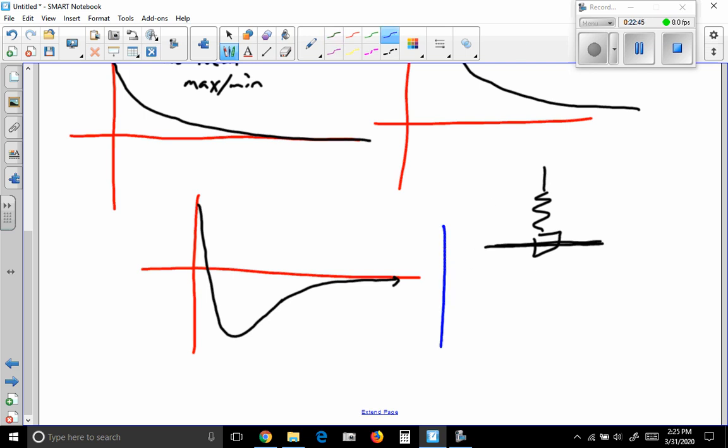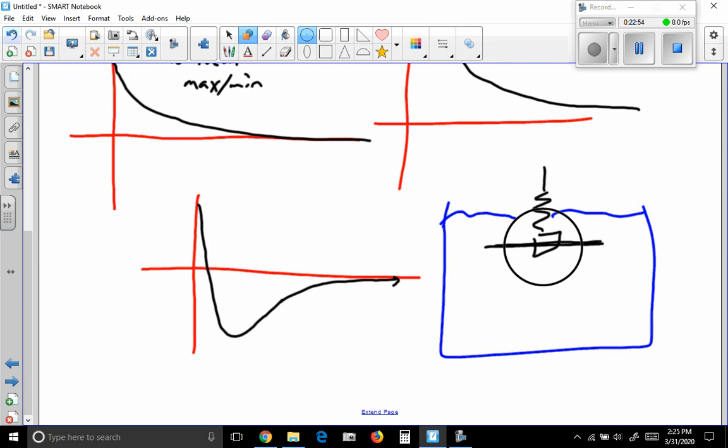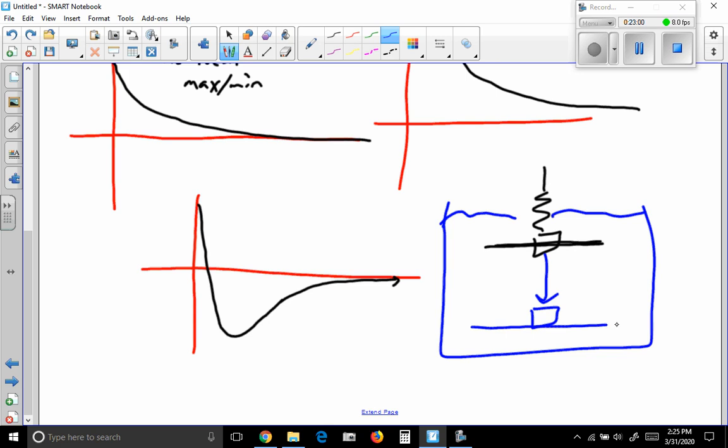And then that might be in some medium, some real viscous fluid, so that when you pull it down, the spring is wanting to pull it that way, but this fluid in here is so viscous, it's so thick, that it's resisting that, and it may be that that resistant force is so much stronger than the spring force that it doesn't really let it get back to equilibrium.